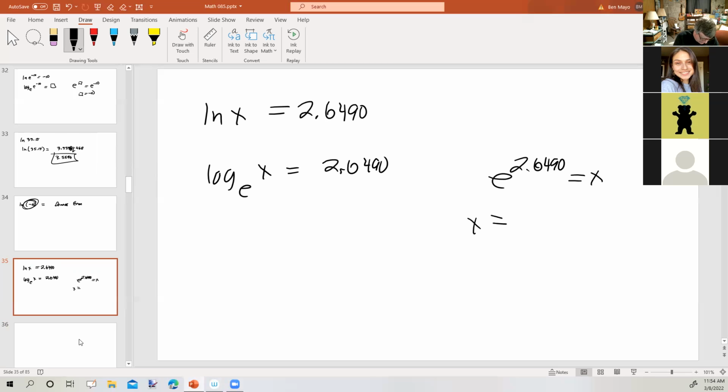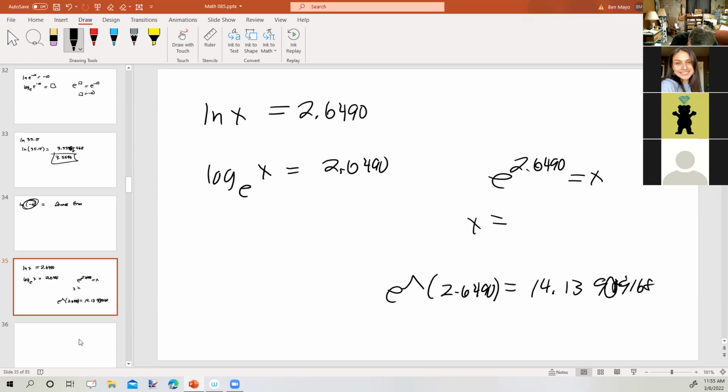Well, on our calculator, now I'm going to do second ln. So I've got e to the, and then I put in 2.6490, close it up, equals, and I get 14.1398968.